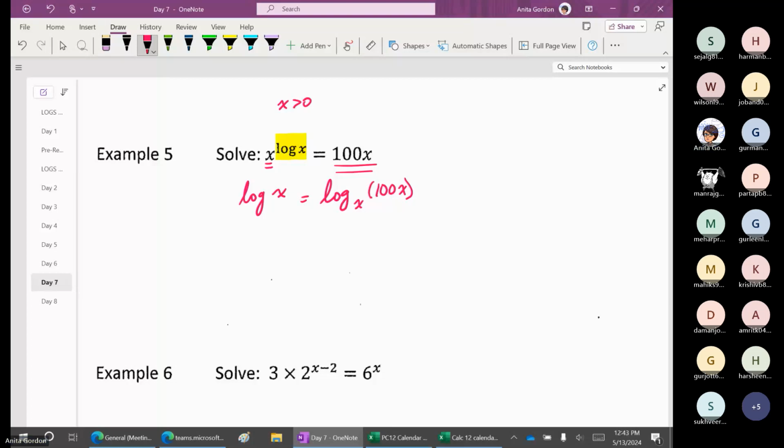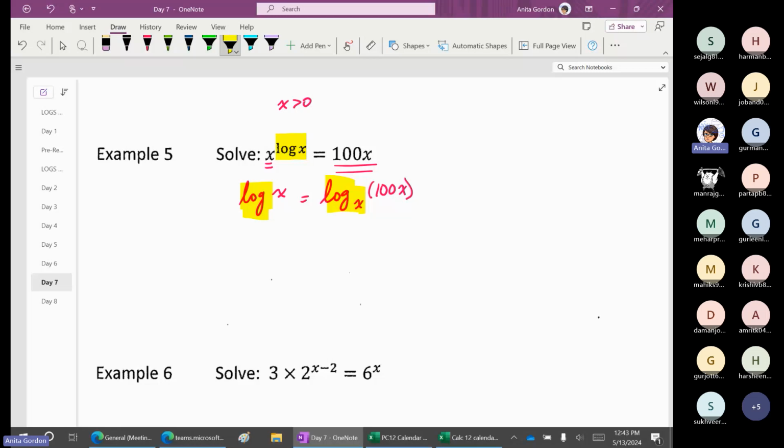Okay. Next thing I want to do is I want to check the bases of these. Notice that these are different bases. This is a base 10 logarithm. This is a base x logarithm. They are not the same. So either we change the right side or we change the left side. We want this to be the same bases so that we can combine them, right?